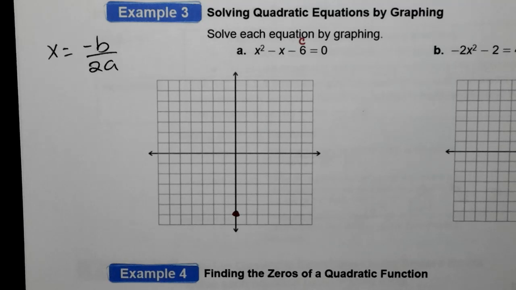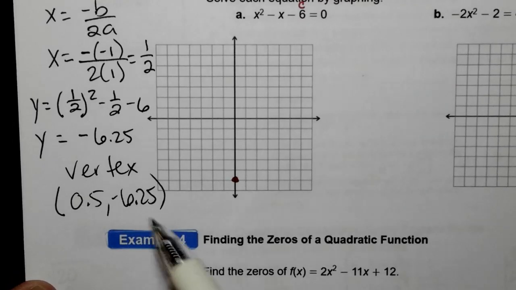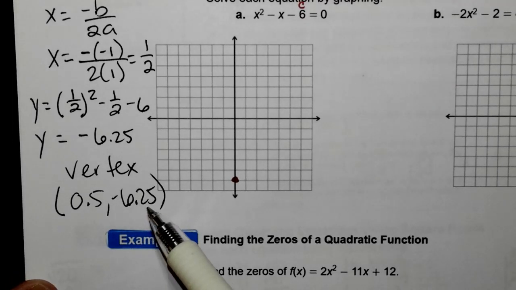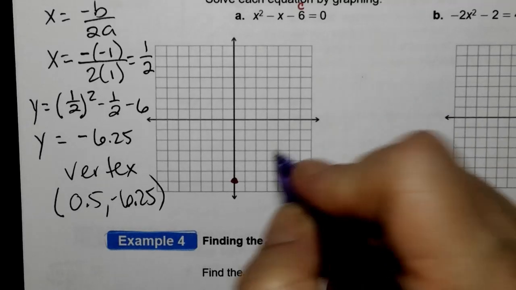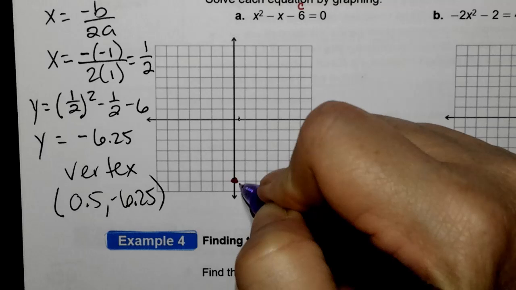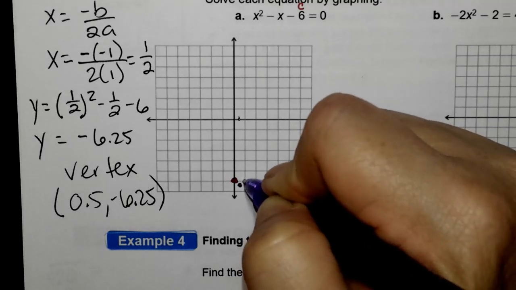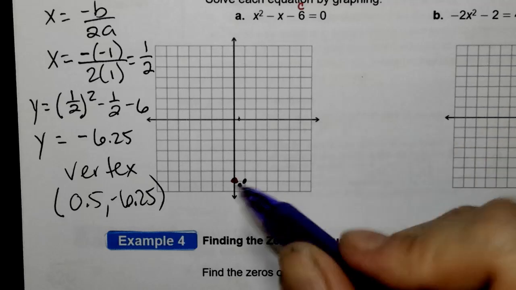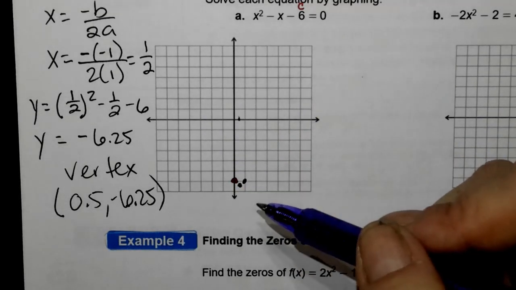All right, so pause your video, see if you can find the vertex. All right, so I found my vertex to be 0.5, -6.25. So I have that point. So a half would be midway, 6 would be just below. So if I know this point, that means I also know that this is a point on my graph. But these are really tiny, so I need to expand and find another value.